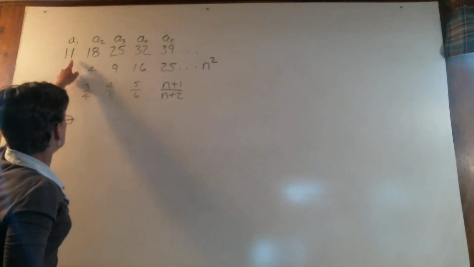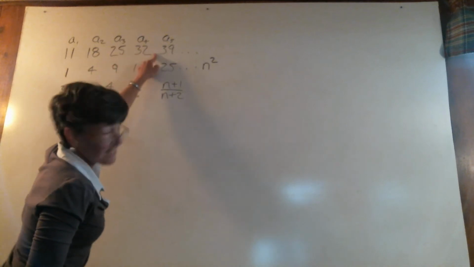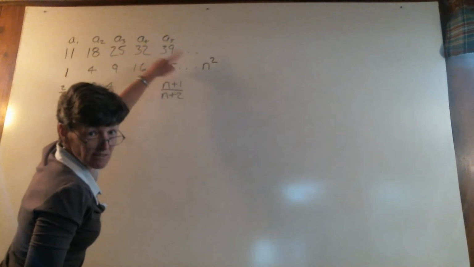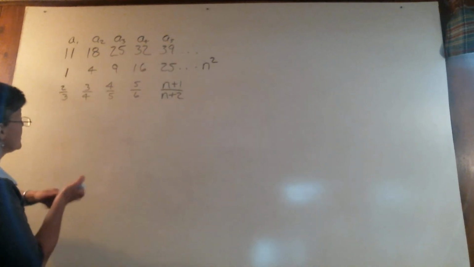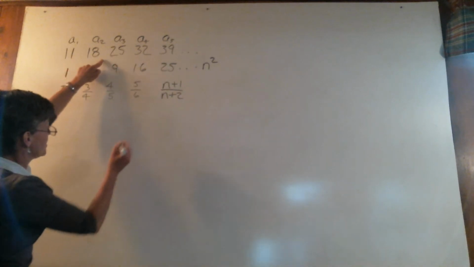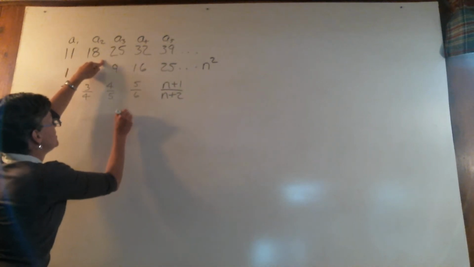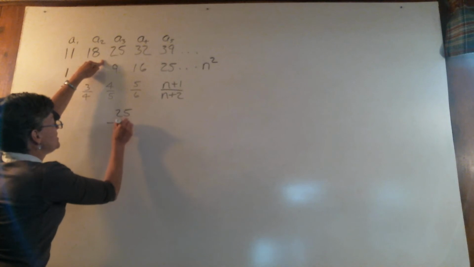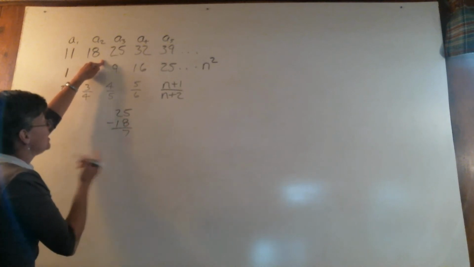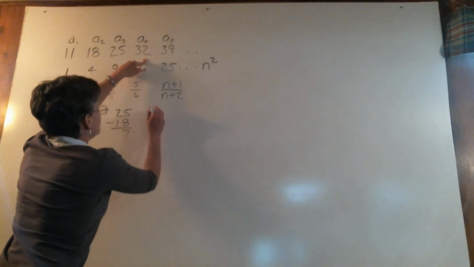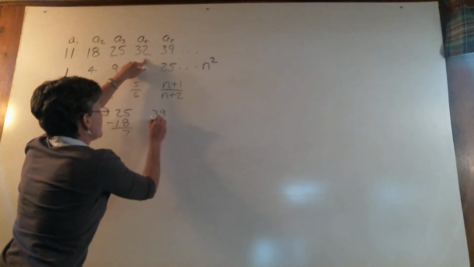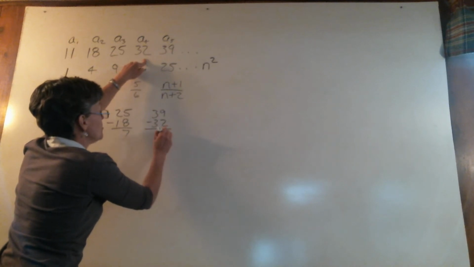So in other words, for each one of these, I'm adding the same number each time to get the next number. If I take any two of these numbers and subtract them, like 25 minus 18, well, 25 minus 18 is 7. That's the same thing I get if I start with 39 minus its neighbor, which is 32. I get 7.